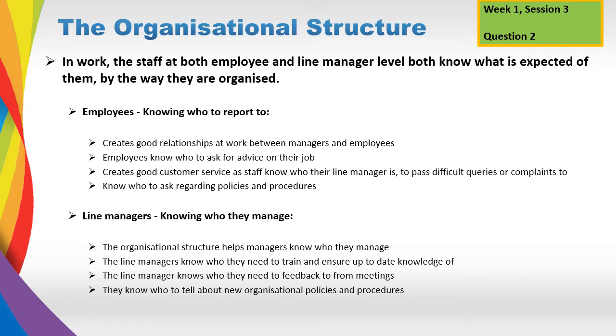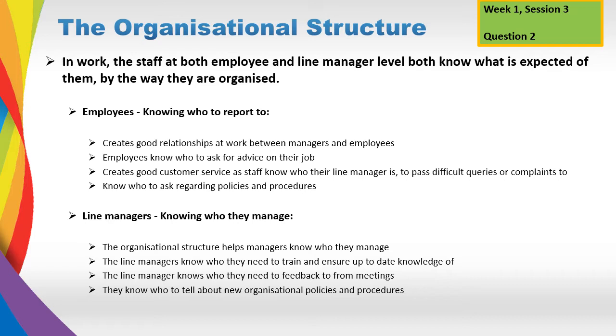With the line managers, because they know who they manage, the organisational structure has given them a clear guide of who they're managing. They know who they need to train and ensure that they have up-to-date knowledge of the products and services that they are providing.